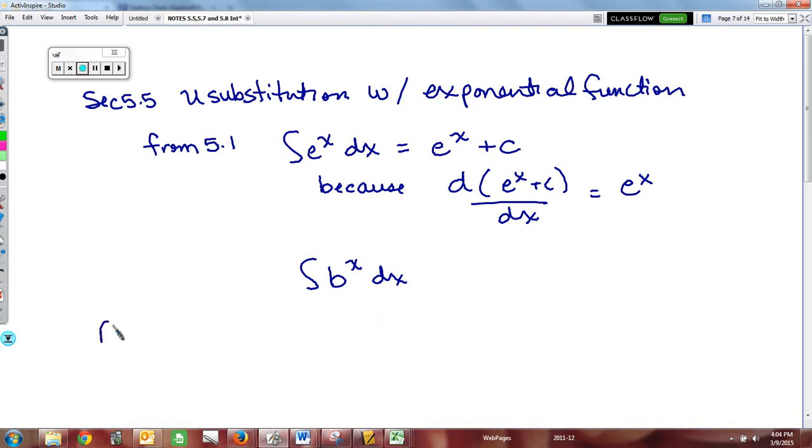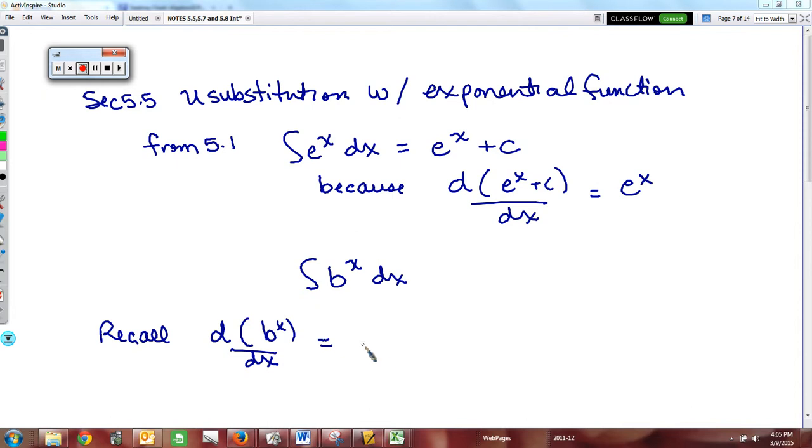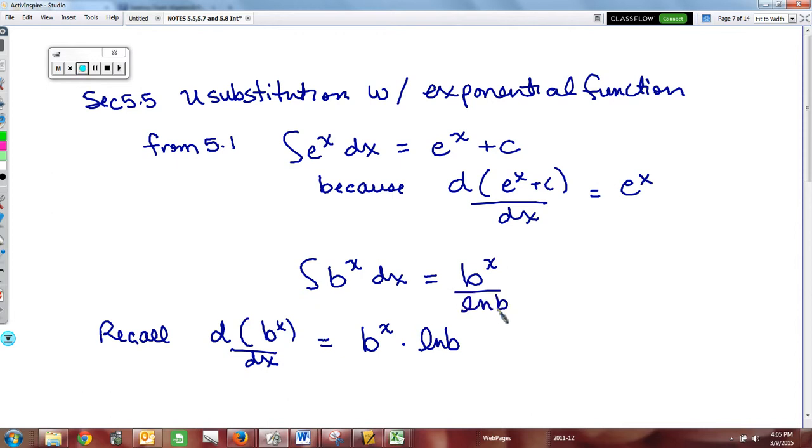Well, let's recall from chapter 3 that the derivative of b to the x with respect to x is itself times an additional constant, the natural log of the base. So working backwards, I would have itself and then divide by the natural log of the base, because you're doing a reverse process, plus c.